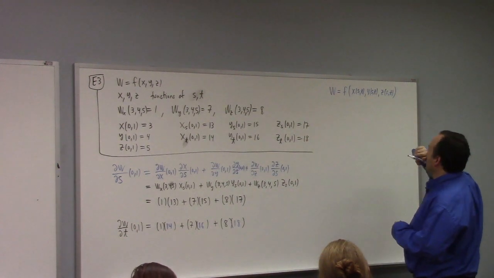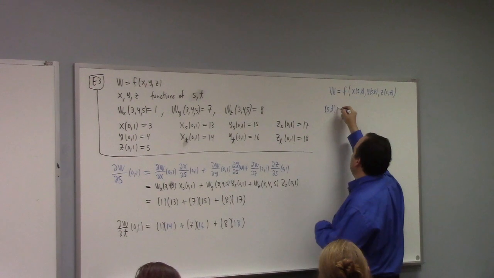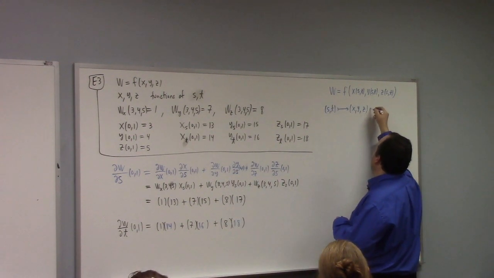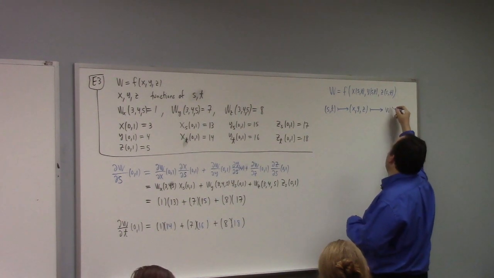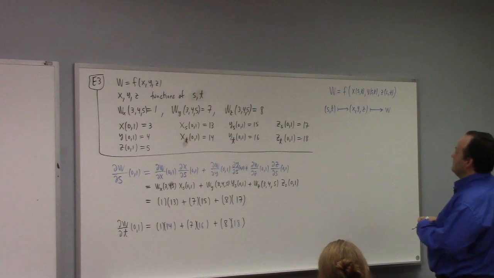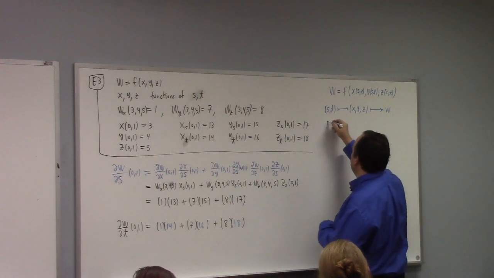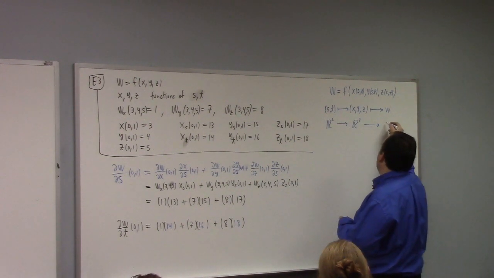So let me just try to keep track of things. The mapping is like this. We're taking s, t, then we're mapping it to x, y, z, and then we're mapping that back to w. So essentially it's like a mapping from R2 to R3 back to R again, right?